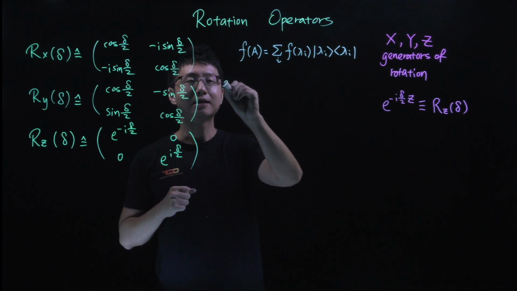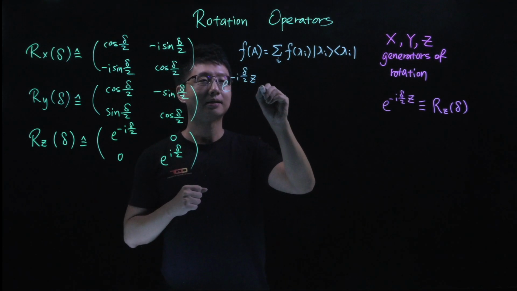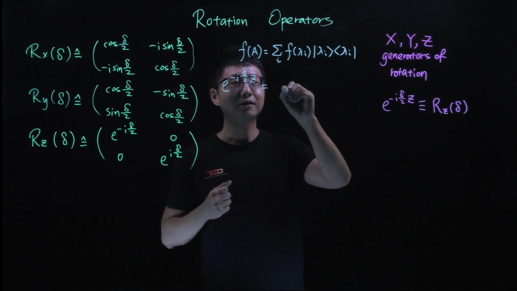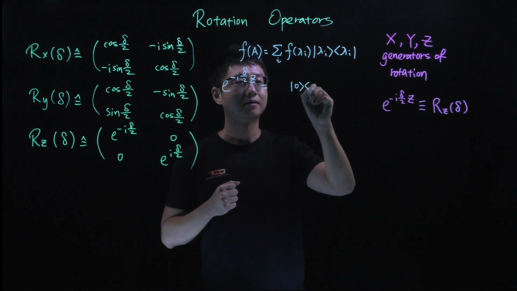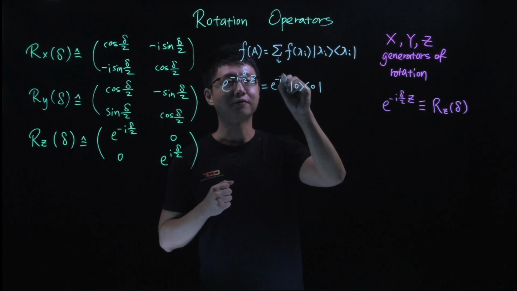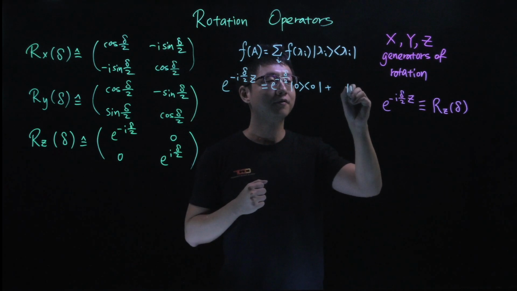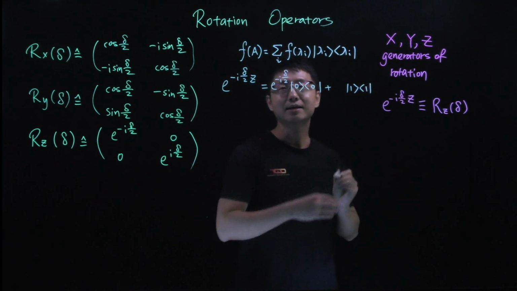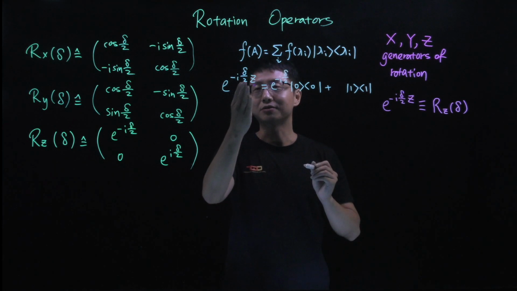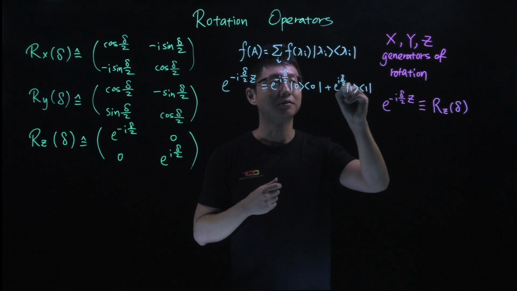That means e to the power of minus i delta over 2 z is simply, the first eigenvalue is 1, corresponds to the 0 projector, so that with eigenvalue e to the power of minus i delta over 2. The second eigenvalue for the 1 ket-bra is minus 1. So here we have e to the power of negative i delta over 2 times negative 1. So that is e to the power of i delta over 2.